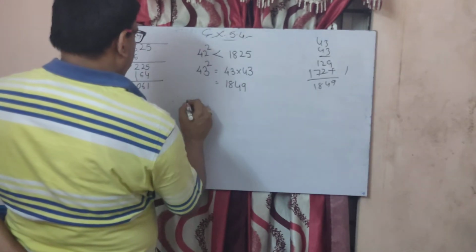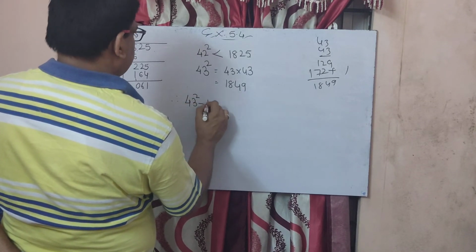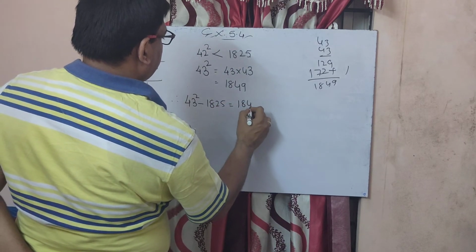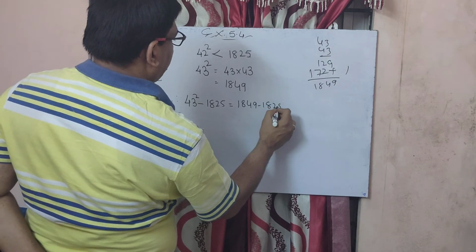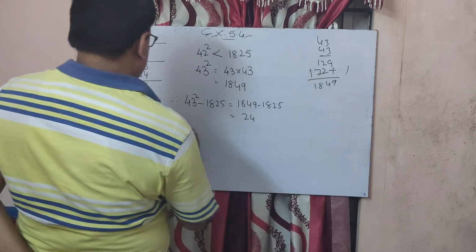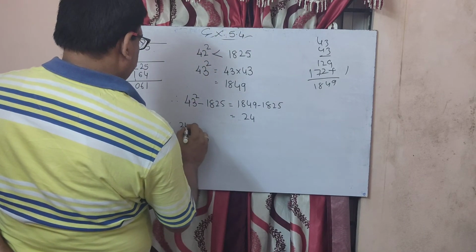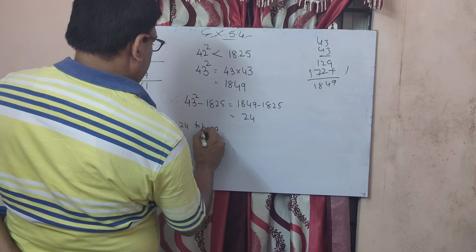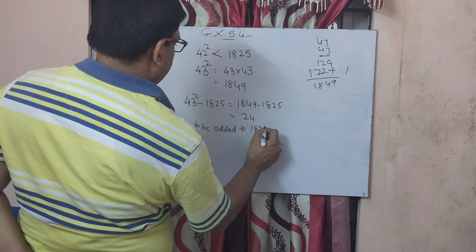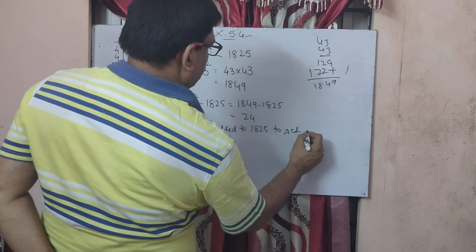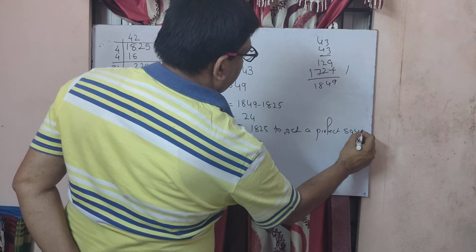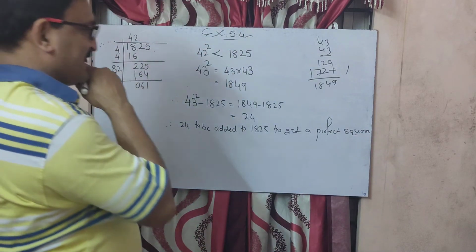Therefore, 43 square minus 1825 is equal to 1849 minus 1825. That will be how much? 24. Therefore, 24 is to be added to 1825 to get a perfect square.